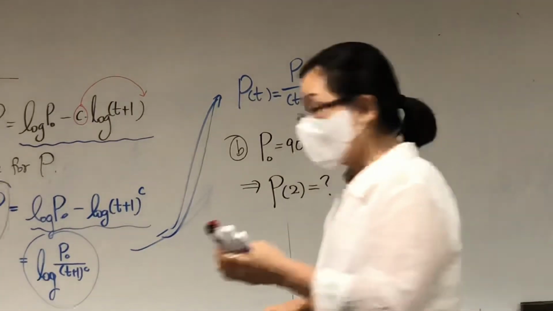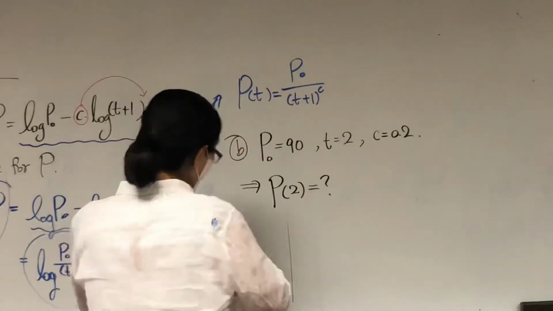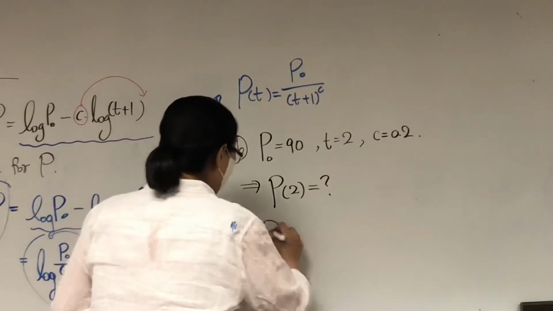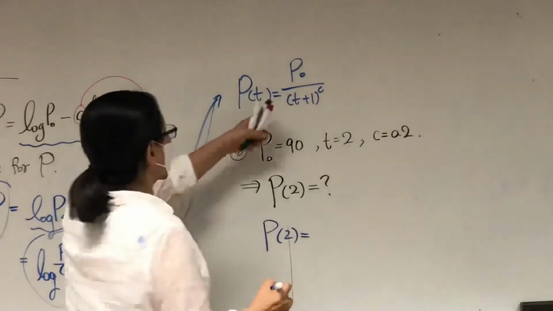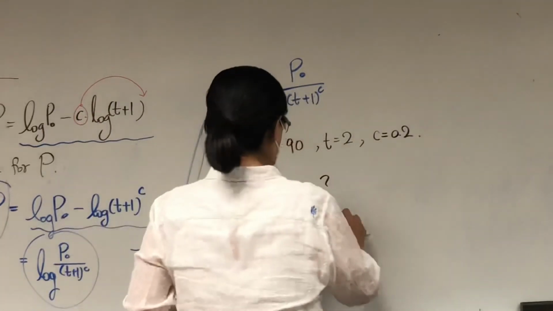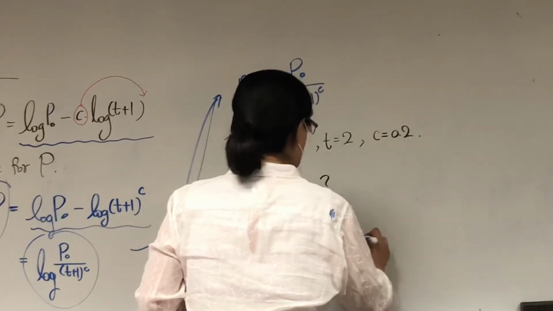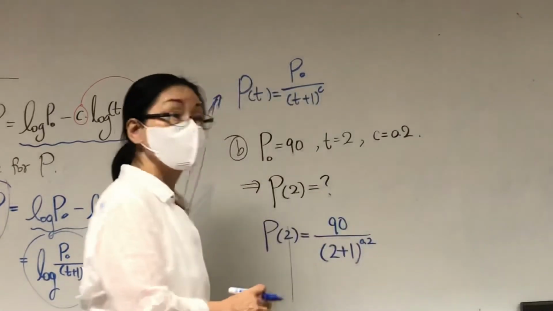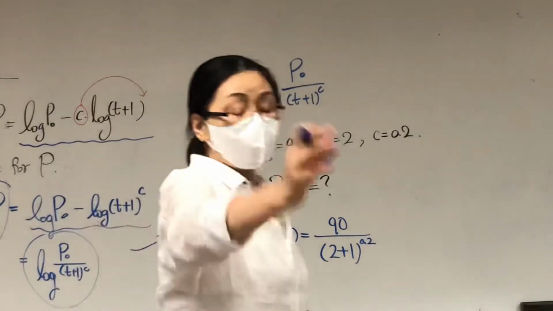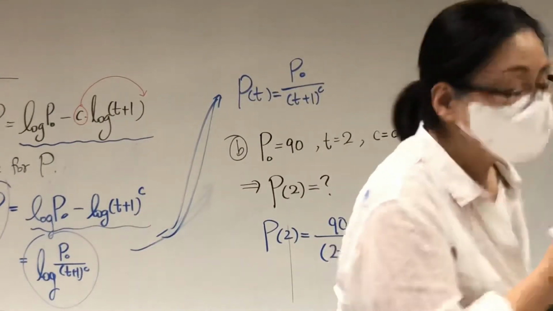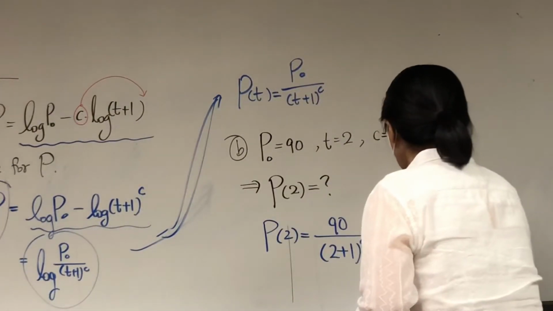So P of 2 is equal to, from this formula, 90 over (2 + 1) to the 0.2. Using a calculator, it is approximately 72.